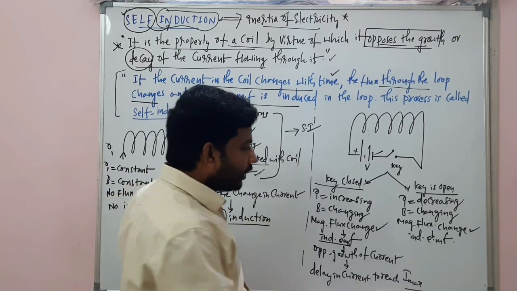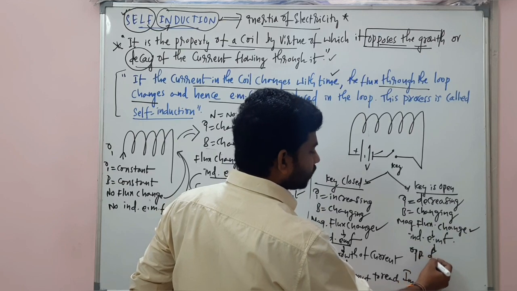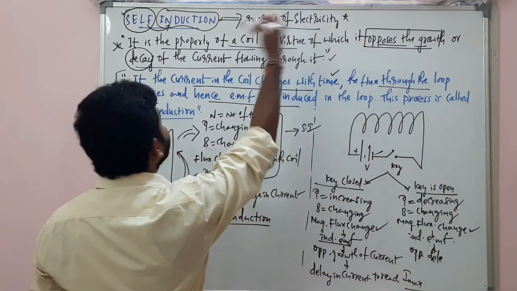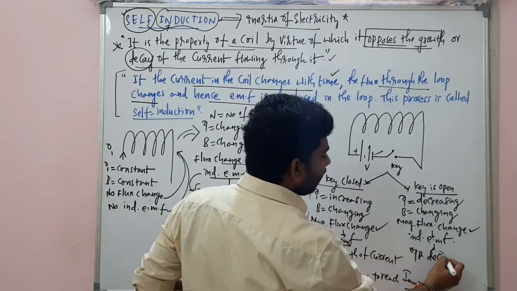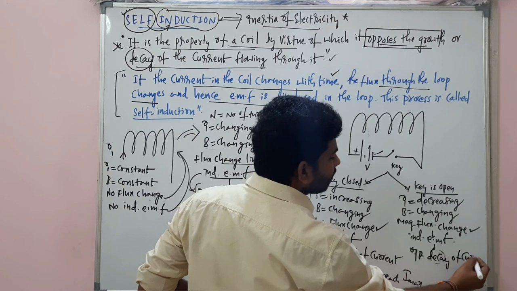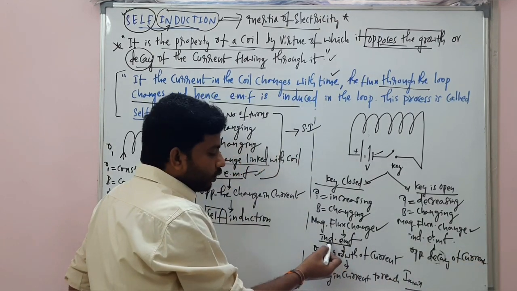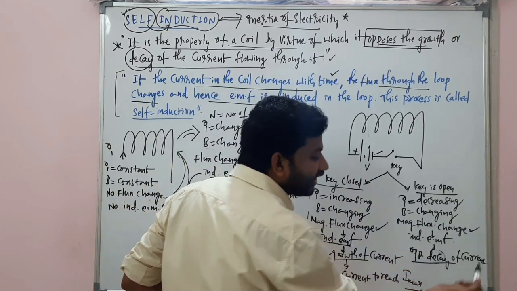Understand? Now look at here. This induced EMF will oppose the decay of the current. So in the previous case, what happened? The induced EMF, which is called self-induction, was opposing the growth of current; here it is opposing the decay of the current.